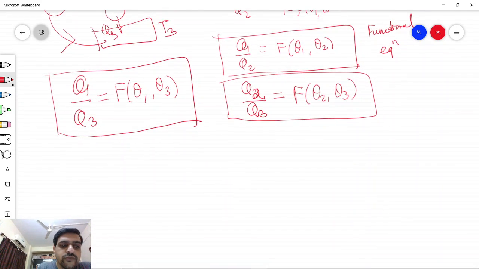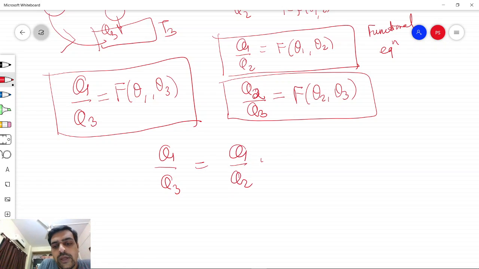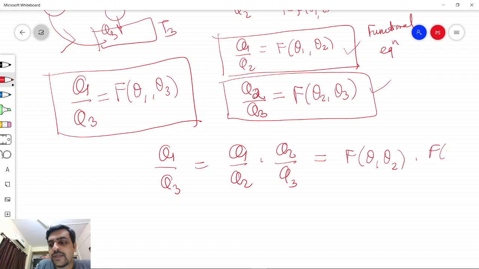Now we can see easily that Q1 by Q3 can be written as Q1 by Q2 into Q2 by Q3. Now if we use these two equations, it says that it is F of theta 1 theta 2 into F of theta 2 theta 3.